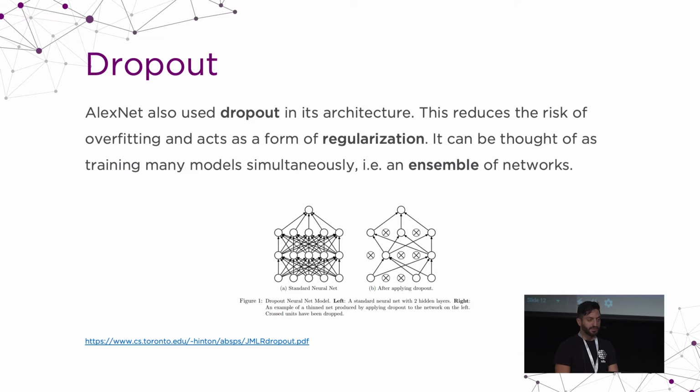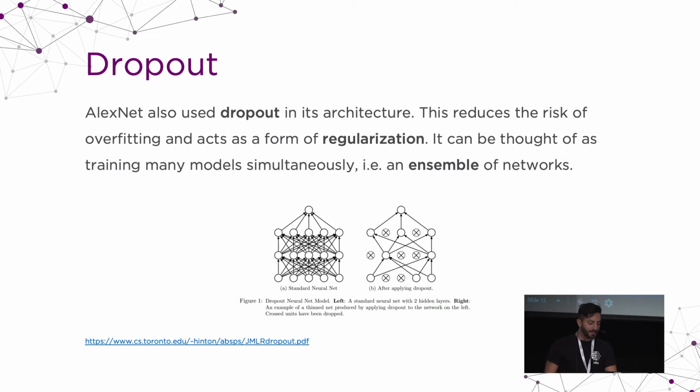So if these are our fully connected layers, every time we pass through our network, we just flip a coin and decide that some of these connections are going to be dropped. And this can be thought of as a form of regularization. It forces our network to not depend too much on all the information that's there.